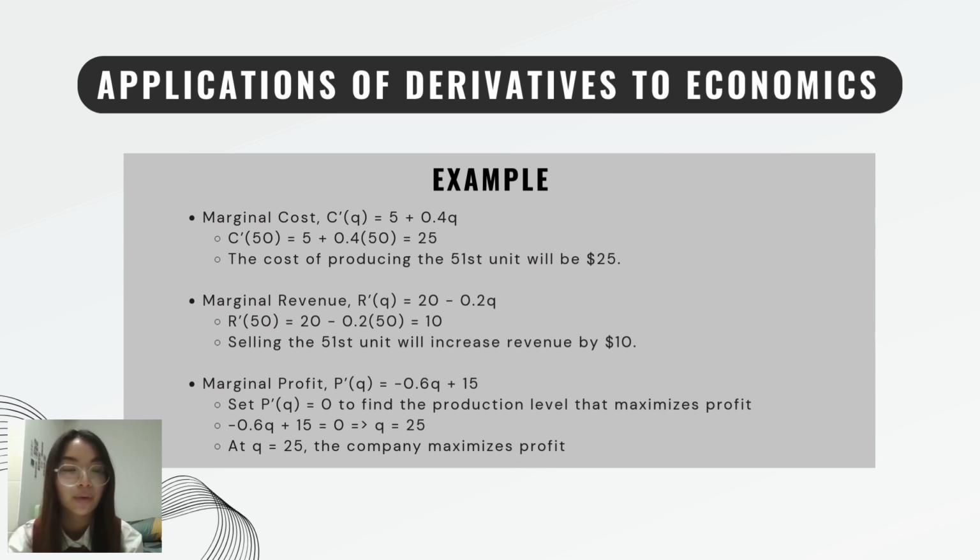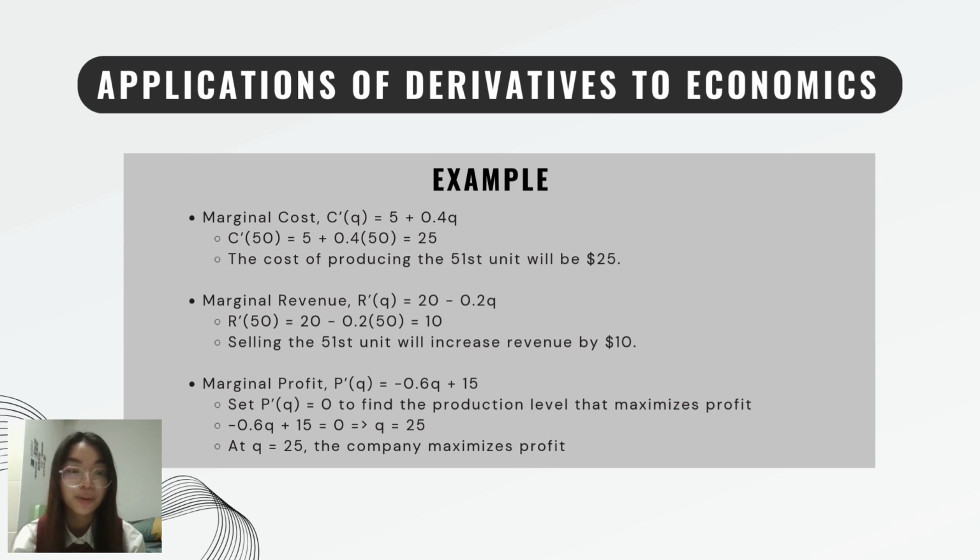Using the formula, we can know that the cost of producing the 51st unit will be $25 when we substitute 50 into q. It is the same with marginal revenue, which is the derivative of the revenue function. We have found that it is 20 minus 0.2q, and when we replace q with 50, we know that selling the 51st unit will increase revenue by $10.